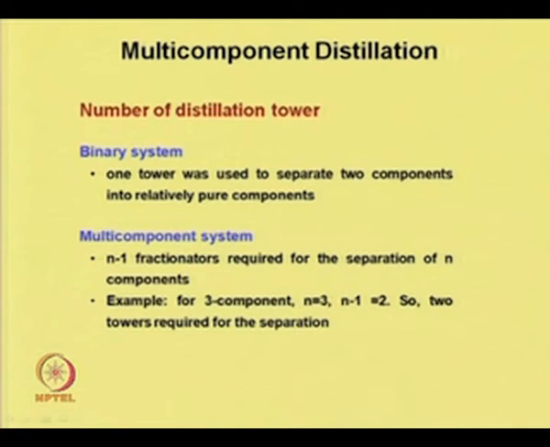But for multi-component systems, n minus 1 fractionators are required for the separation of n components. That means, if we have a 3 component system, then n would be 3, n minus 1 is equal to 2. So, 2 towers are required for the given separation. This is the number of distillation towers required for a given separation.